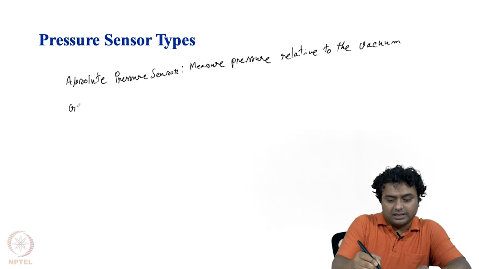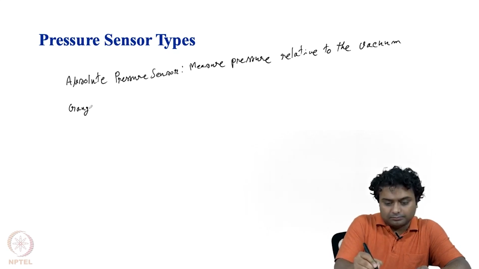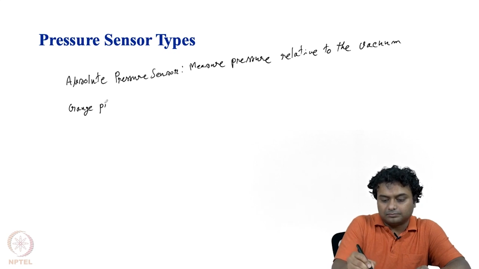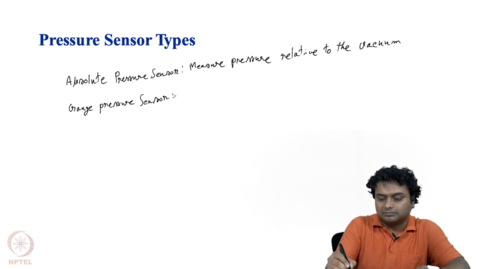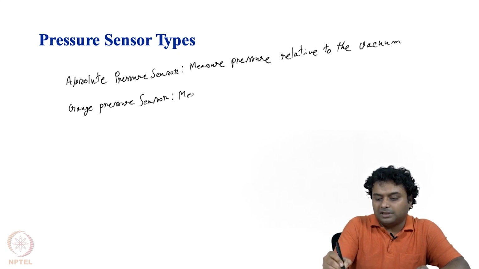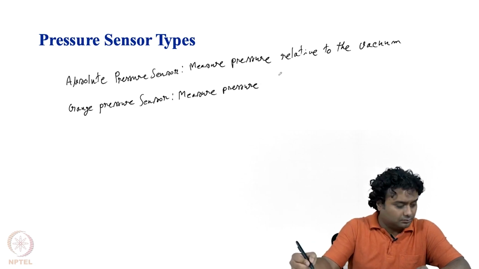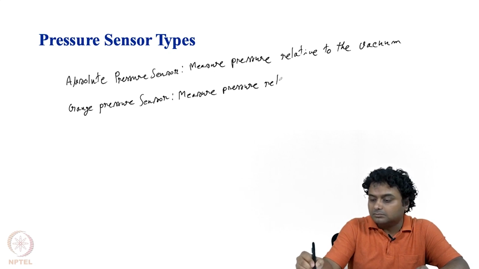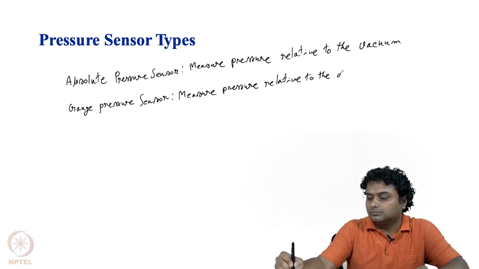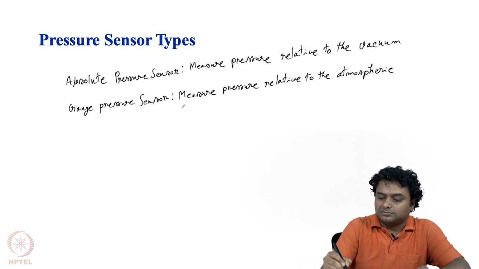Next is the gauge pressure sensor. Here we measure pressure relative to the atmosphere, the atmospheric pressure.